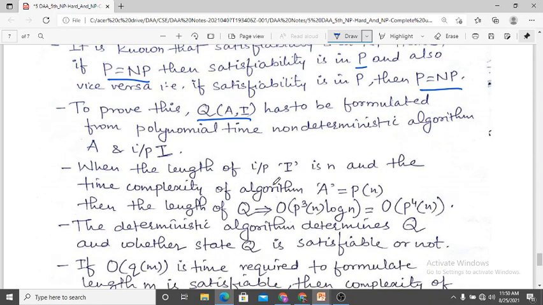When the length of I is n, and the time complexity of algorithm A is P(n), then the length of Q is order of P^3(n) log n.